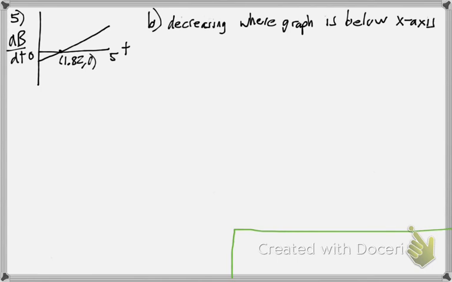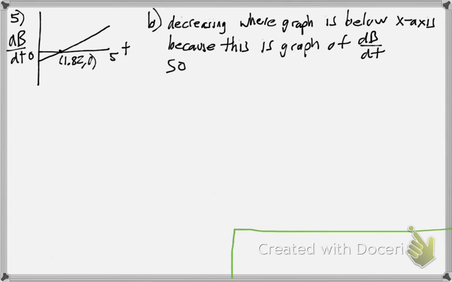And the reason why that is because this is the graph of the rate of change. So this is from 0 to 1.82 years.